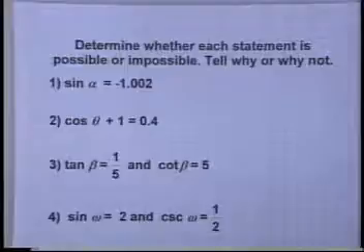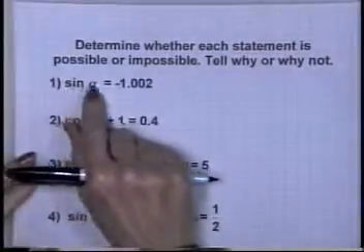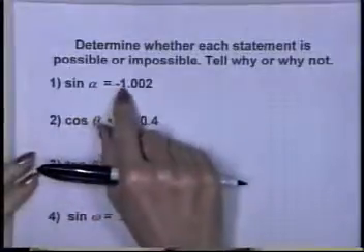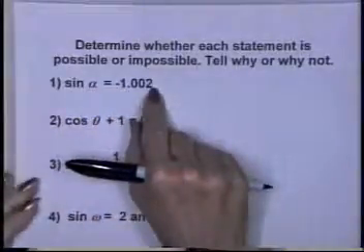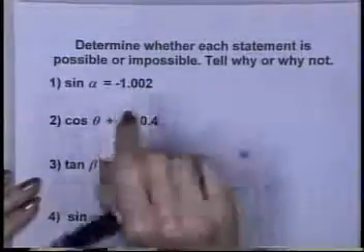Now let's look at some typical problems that require us to know these ranges. Our instructions say determine whether each statement is possible or impossible. Tell why or why not. It says the sine of alpha equals negative 1 and 2/1000. Possible or impossible?